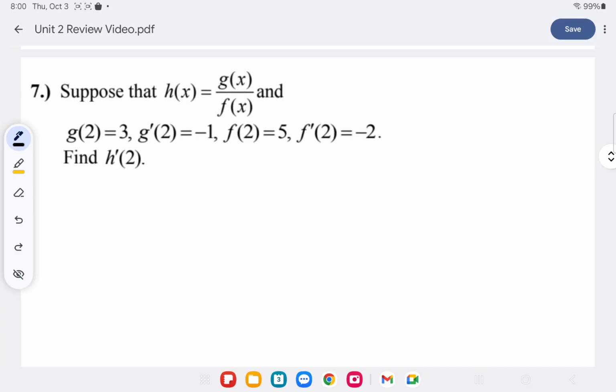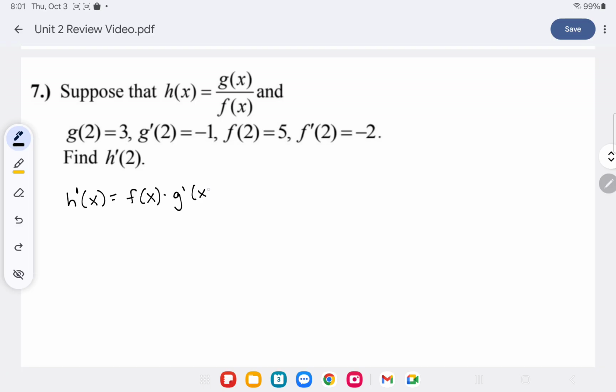Number 7, h of x is g of x over f of x. So right away, I know that we are going to need to use the quotient rule in this one. So quotient rule is low, which in this case is f of x, d high, this is to find the derivative.